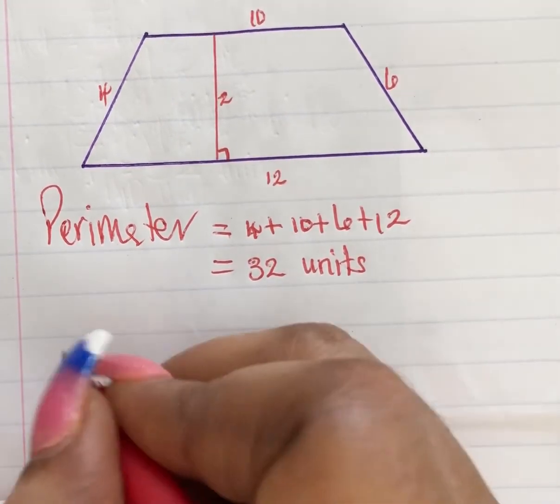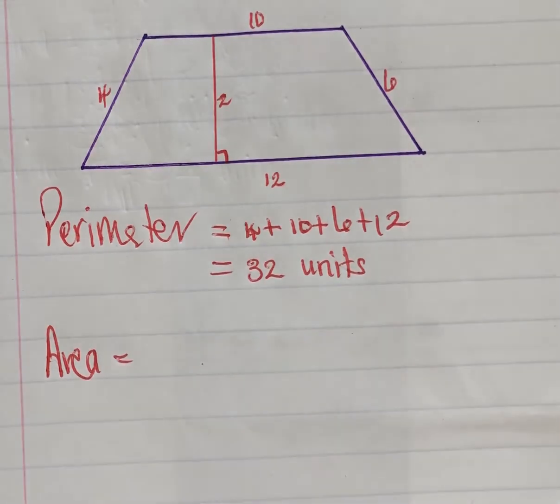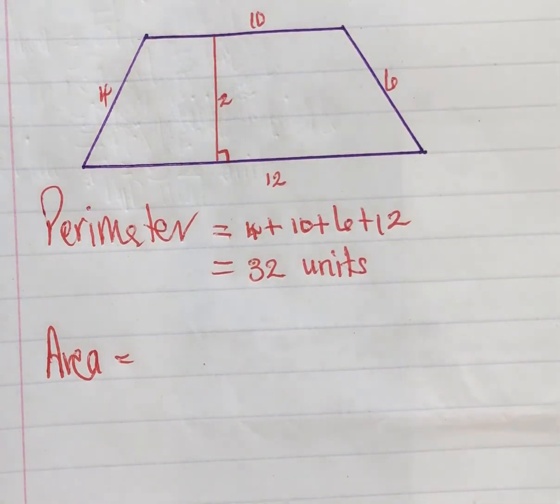I want to find the area. But before I know what formula to write, I first need to know what shape it is. This shape can be called the trapezoid or trapezium. Okay?